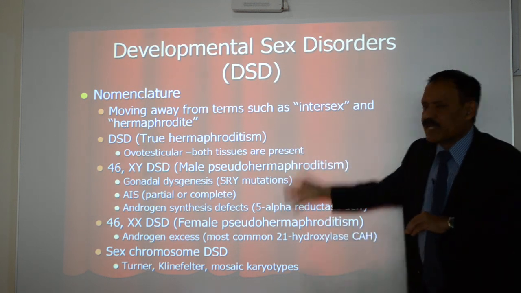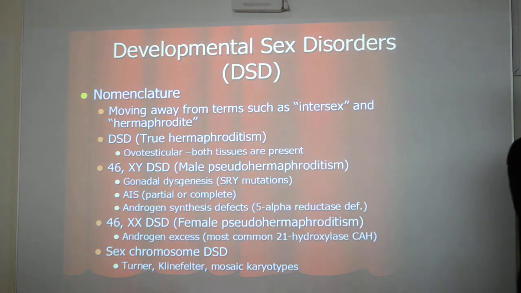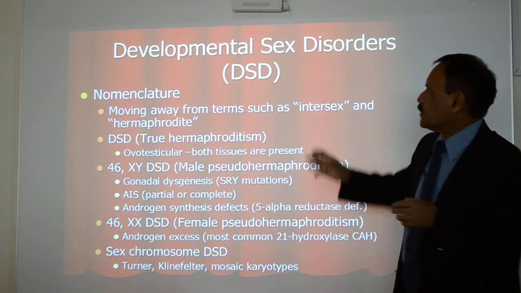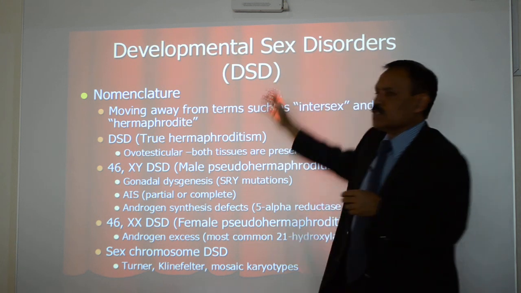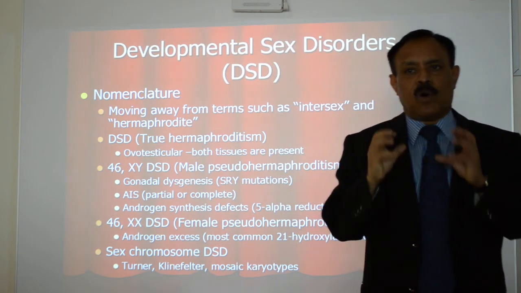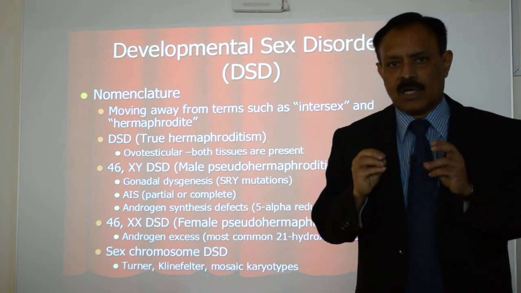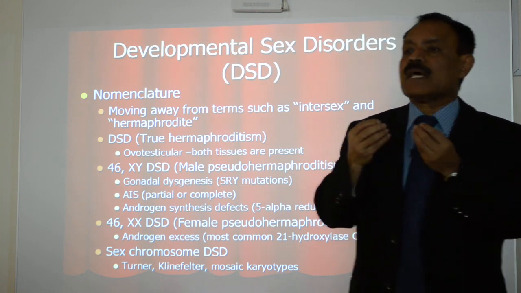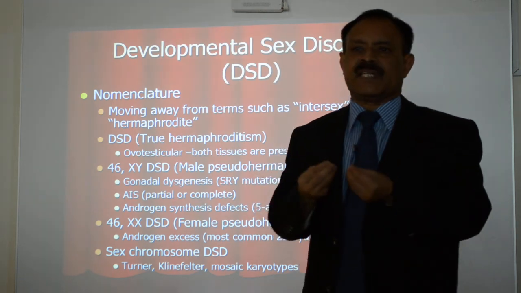Now, there are 3 varieties I've proposed to you today. The first one is the rarest of the rare. We call it true hermaphroditism or true disorder of sex development, when a boy or a girl is born, or I cannot say boy or girl for the time being, because that little kid has both ovary and testis.